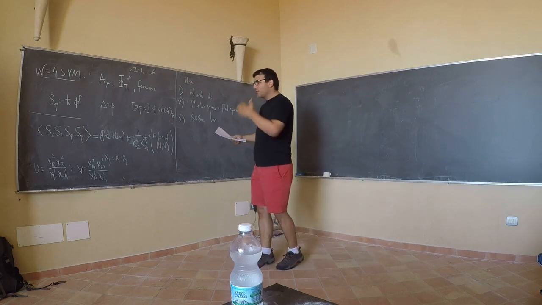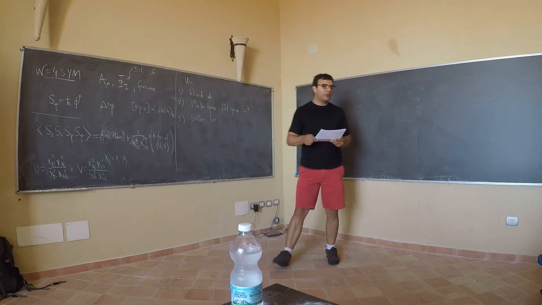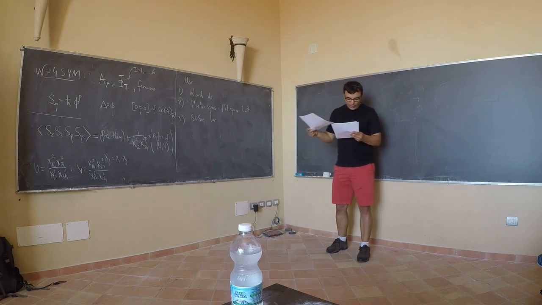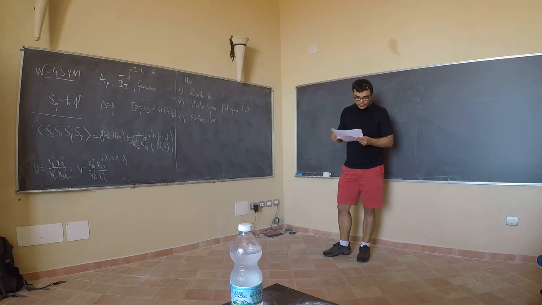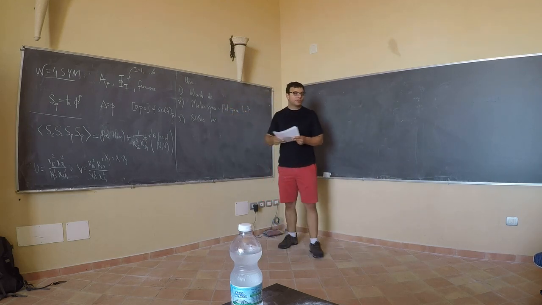Because the novelty of this work really is the use of supersymmetric localization in this computation, so that's what I'm going to be focusing on mostly, but I want to say a few words about the first two first.